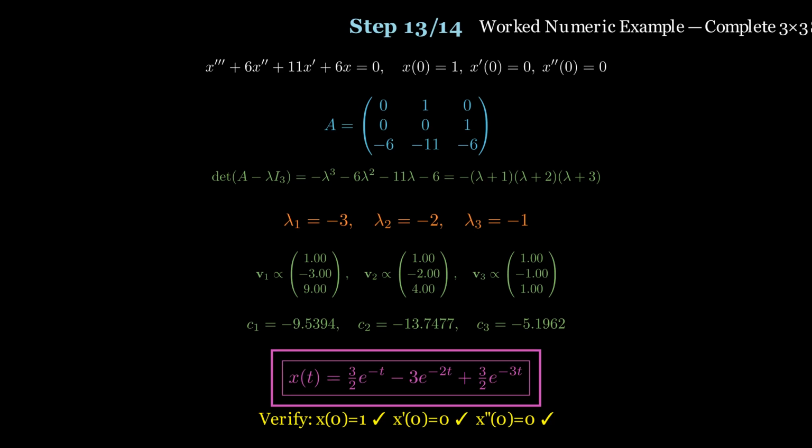The characteristic polynomial factors as minus lambda plus 1 times lambda plus 2 times lambda plus 3, giving eigenvalues -1, -2, -3. We find the three eigenvectors, form the 3x3 system Vc equals y0, and solve for the constants. The final answer is 3/2 e to the -t minus 3e to the -2t plus 3/2 e to the -3t. All three initial conditions are satisfied.